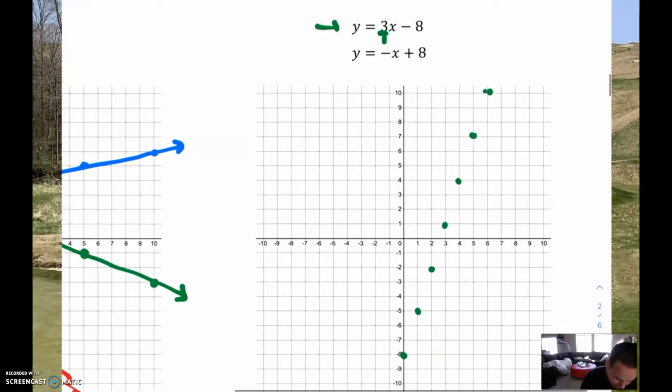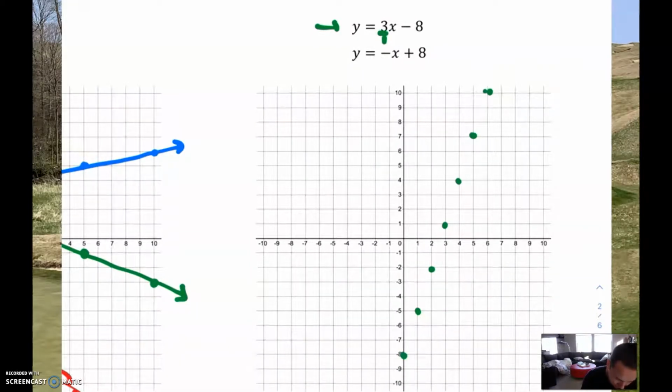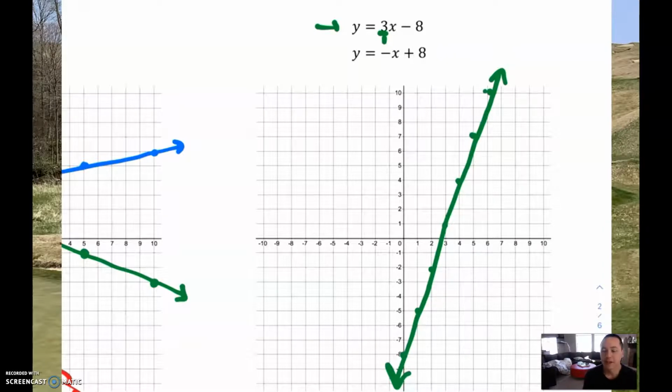And once you have all those, you can connect them. Go this way. And there's the green line, 3x minus 8.